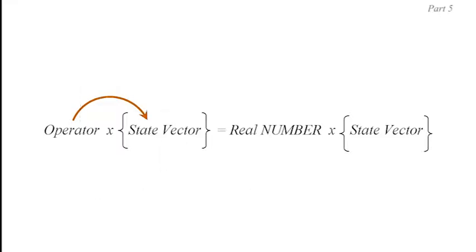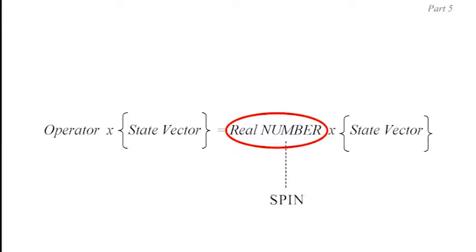And if in doing that you end up with a constant number times the same state vector as before, then that constant number would be the measured value of the spin of the particle, the component of the spin in that direction. By the way, we won't be talking about a measurement of the spin angular momentum here in terms of h-bar and things like that, although we could be.